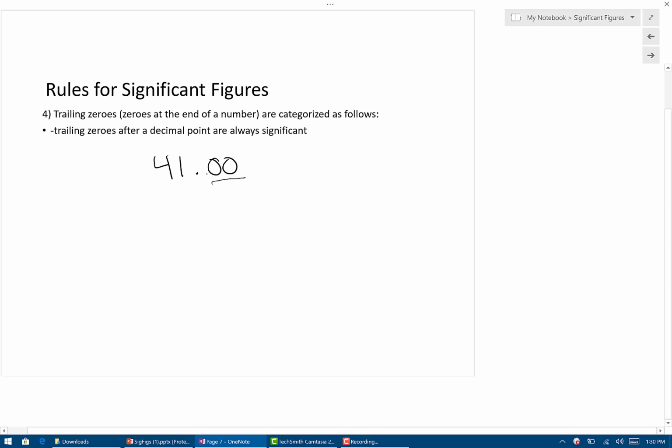Okay, if we had something like this, these zeros are leading. Remember, they only help us figure out where the decimal point is. They are not significant. But these two are trailing.